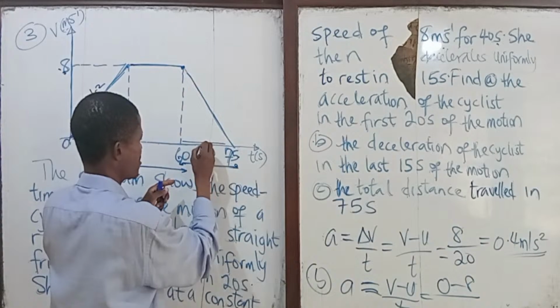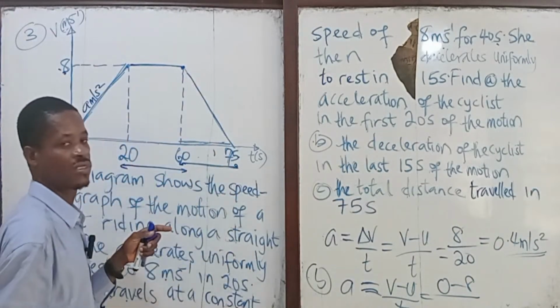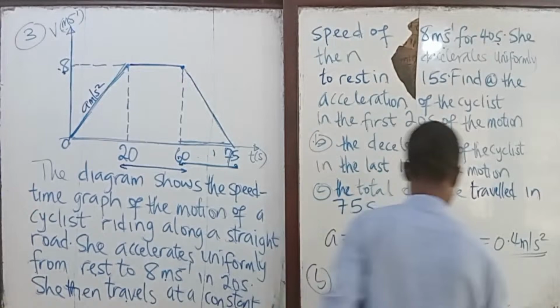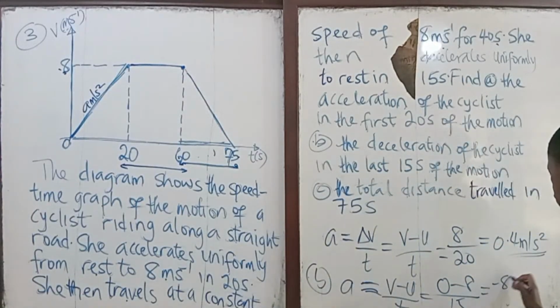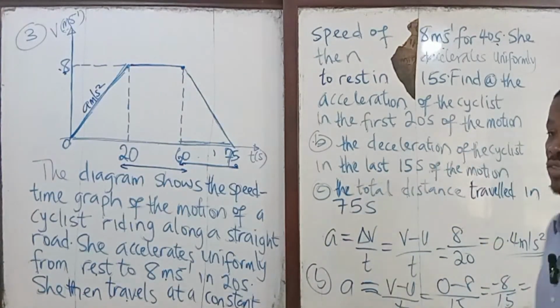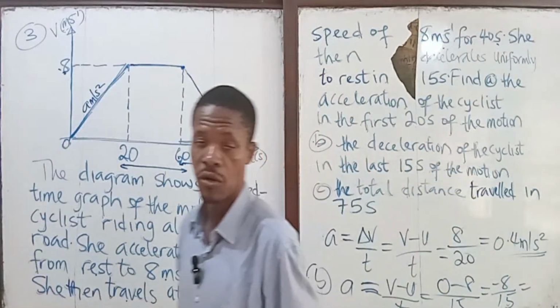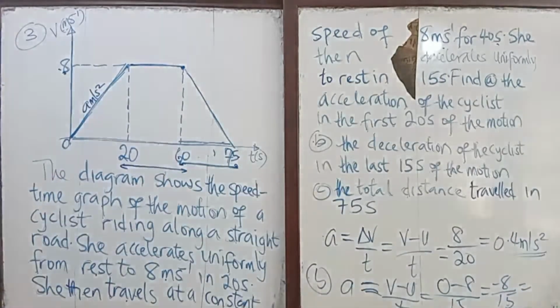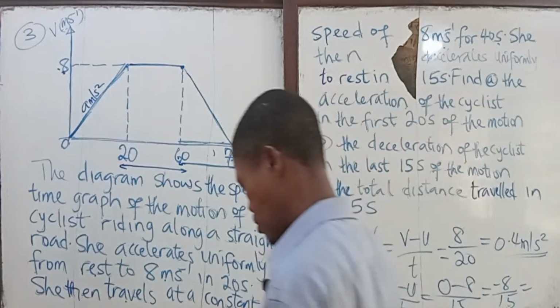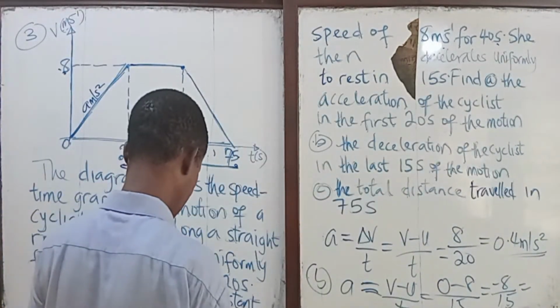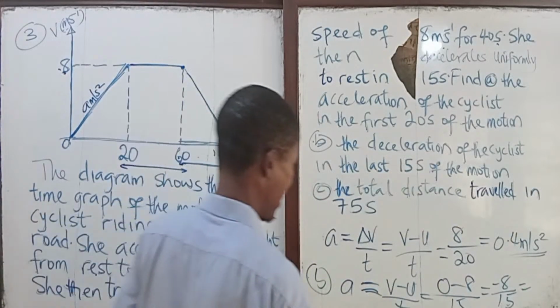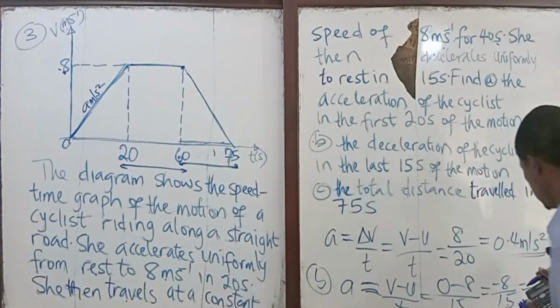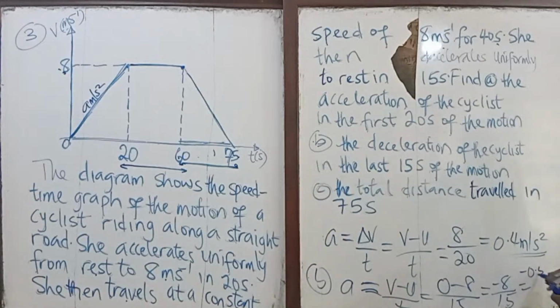So that's minus 8 over 15. So deceleration must be the negative answer of acceleration. Calculator. So that will be equal to minus 8 divided by 15, that's minus 0.5333 meter per second square.